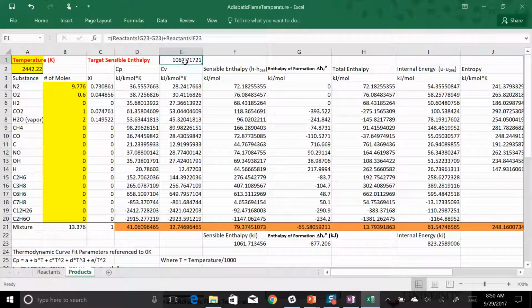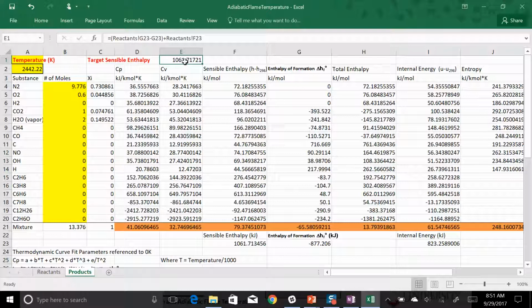At the top here, this target sensible enthalpy is the energy of the reactants plus the enthalpy of the reaction. The enthalpy of the reaction is the difference between the product enthalpy of formation and the reactant enthalpy of formation. So we get this target number for the target sensible enthalpy of the products.